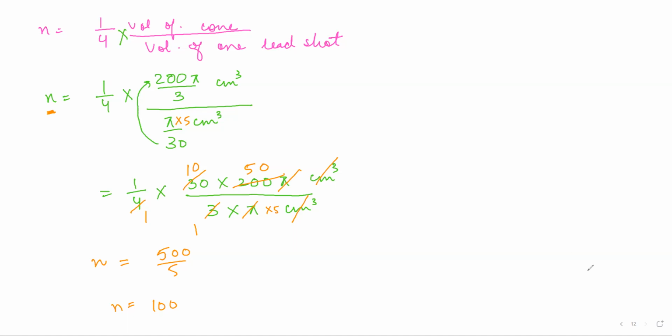Is that clear? Yes, ma'am. Next, question number 6. Now see, a solid iron pole consists of a cylinder of height 220 centimeter and base diameter. So there is a cylinder whose height is given to you.